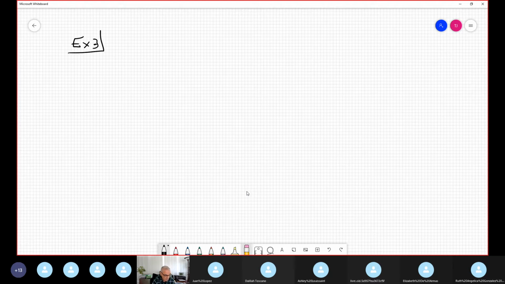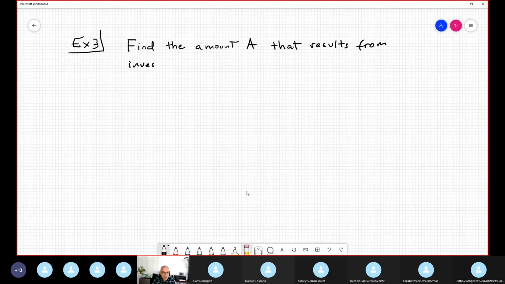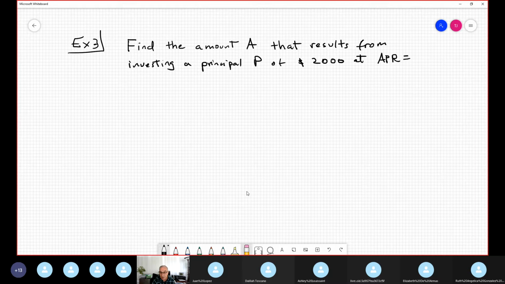Example 3 is: find the future value, the amount A. A is the future value, so the money in the future that results from investing principal money P of 2,000 at APR 8%.